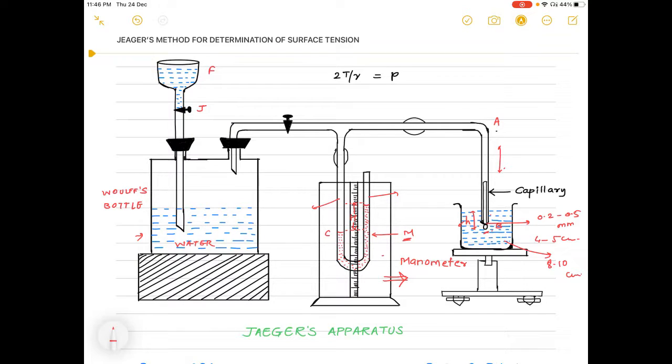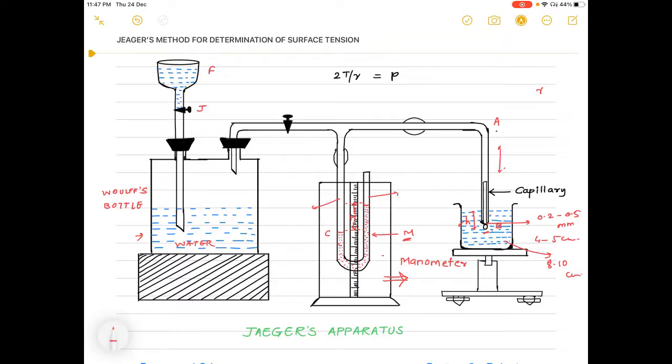When the bubble is formed there, the radius of curvature of the bubble gradually decreases with increasing pressure inside it until it reaches the minimum value, and the bubble acquires a hemispherical shape with radius small r, which is equal to the radius of the aperture at B. Now, the pressure inside the bubble is maximum, indicated by the difference capital H between the two limbs of the manometer, as shown in this figure.